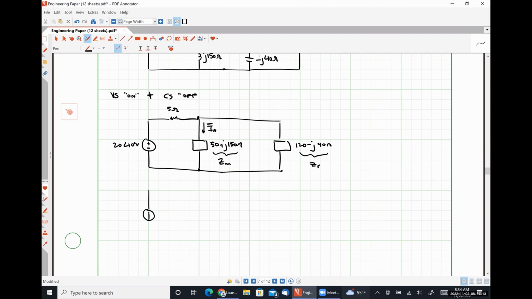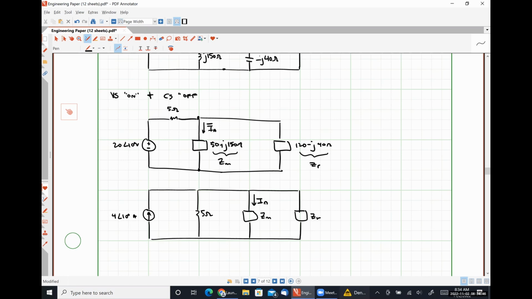So source transformation for this would look like a current source up. 20 angle 10 over 5 is going to look like 4 angle 10 degrees amps. And then we have a 5 ohm resistor in parallel with ZM in parallel with ZR.